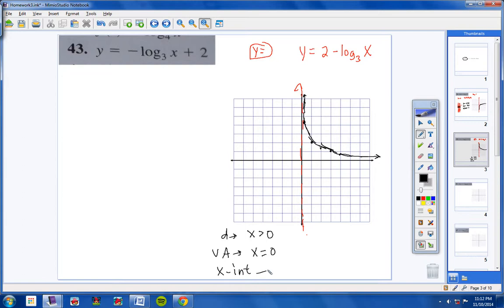So here we go. In order to find the x-intercept, you put 0 in for y. So 0 equals negative log base 3 of x plus 2. Bring the 2 over, make it a negative 2. That's easy enough. Now, divide both sides by a negative 1 to get rid of this negative sign here.